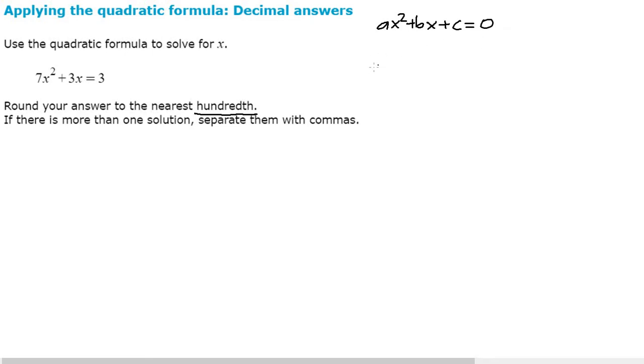So the quadratic formula, known as x1,2, has two values with the formula of negative b plus or minus the square root of b squared minus 4ac, all under the square root sign, divided by 2a.